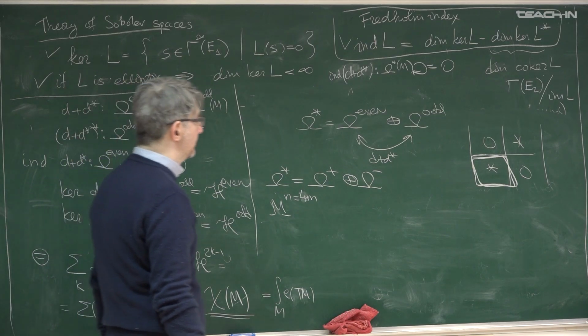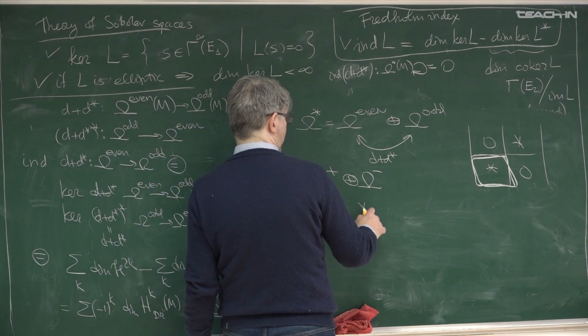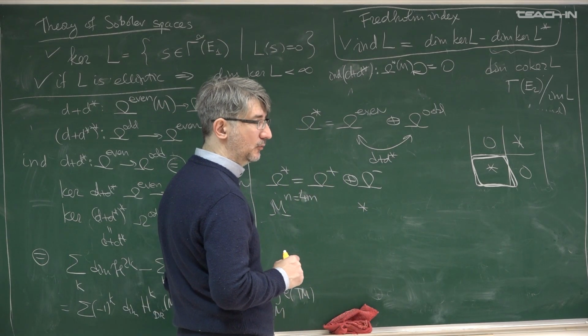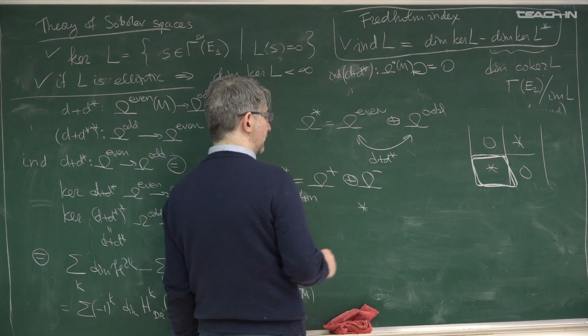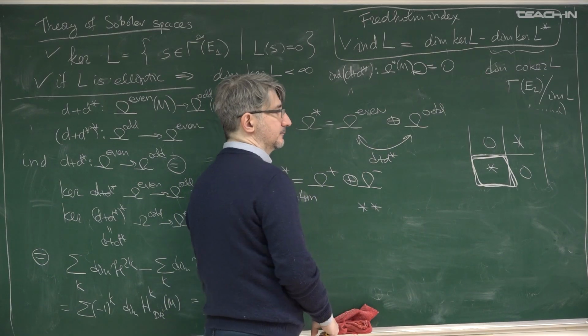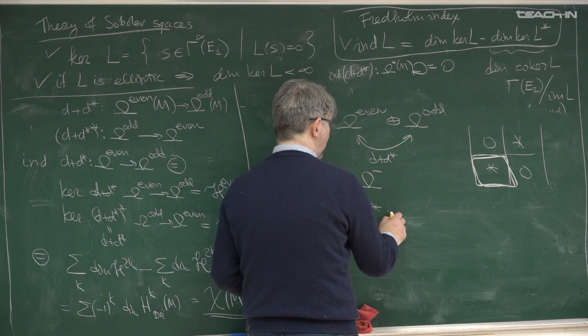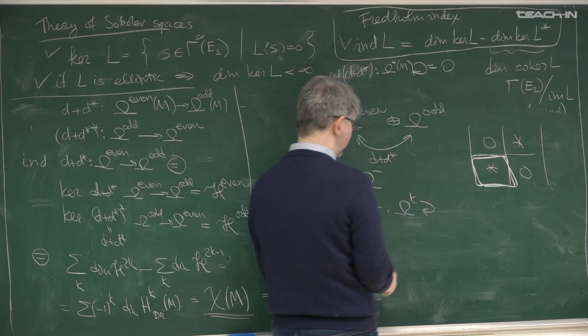What are we doing? We have Hodge star, yes? What happens if we apply Hodge star twice? It sends omega k to itself, but it's not an identity, yes?